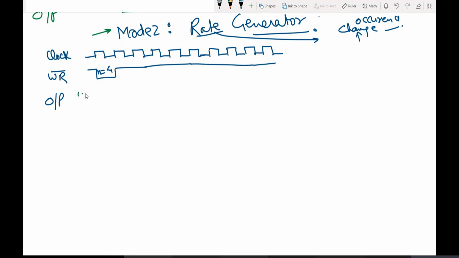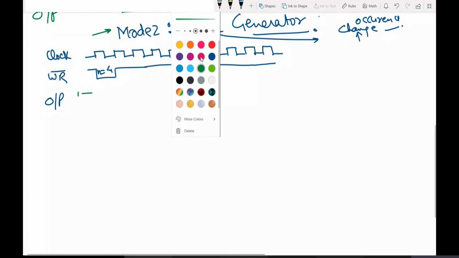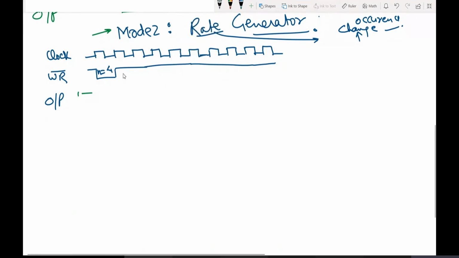In this case it will be high. Okay, so how are these things going to work in this particular mode? Same pattern of decrement: 4, 3, 2, 1 and 0.